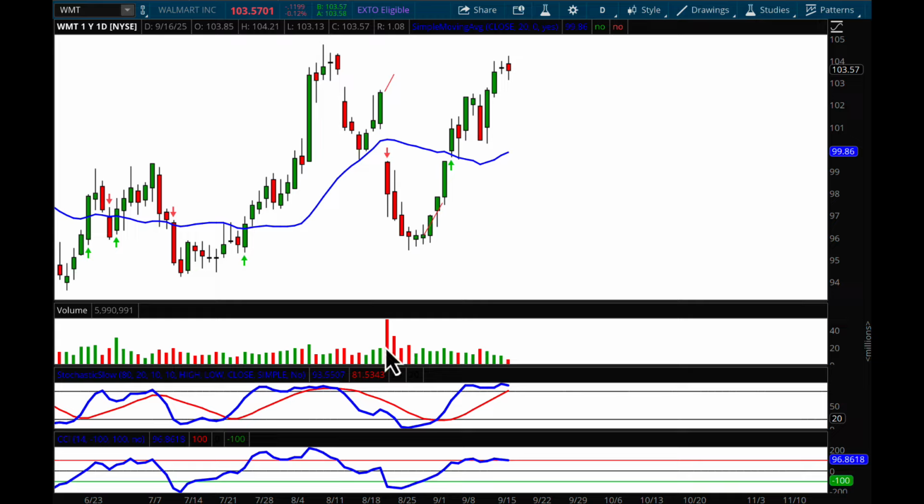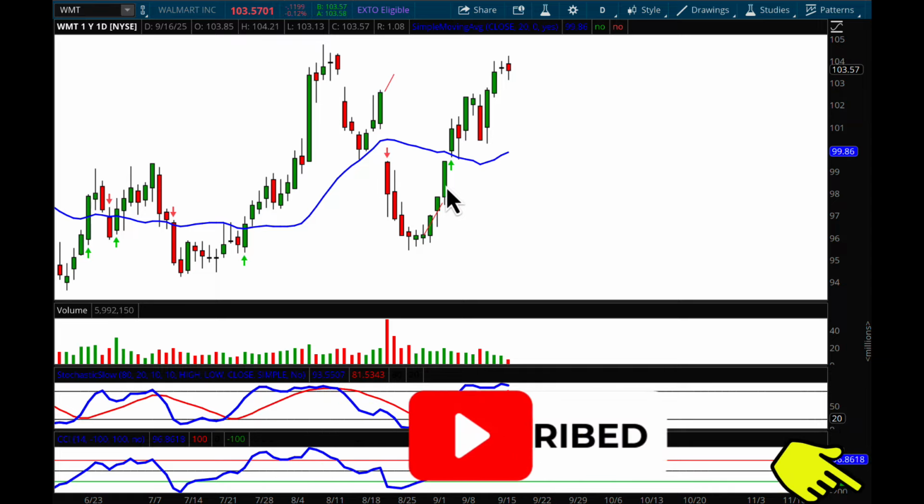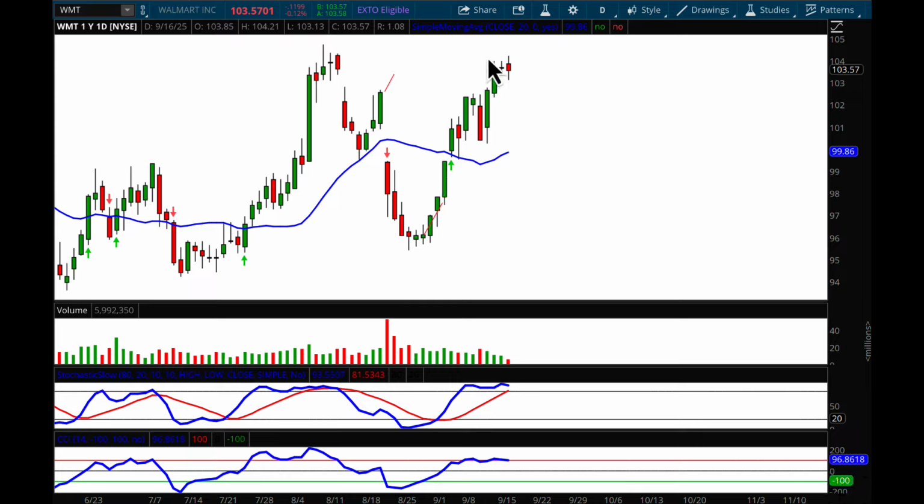So if you were buying this stock on that green arrow, this trade is still in force, where you're looking for a sign or signals to show weakness in that upward trend, and then you would exit. Now, on this one, you could see this diagonal line here. That's a target price that I had set for Walmart a few weeks ago.